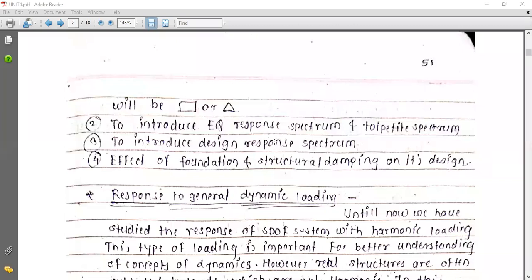And the last objective: effect of foundation and structural damping on its design.